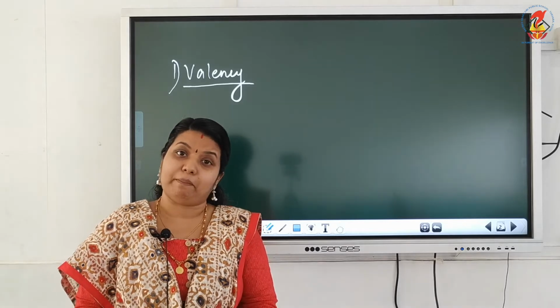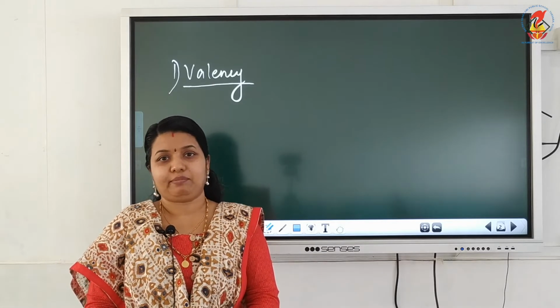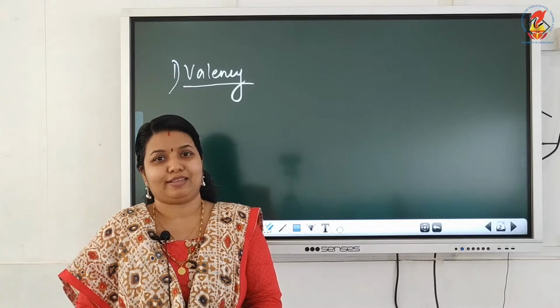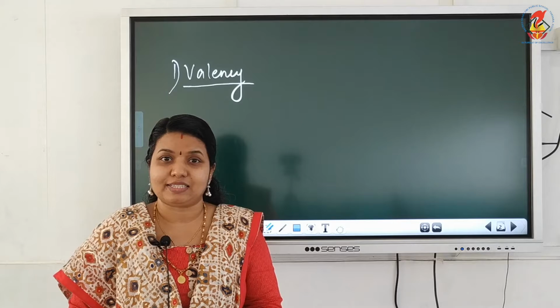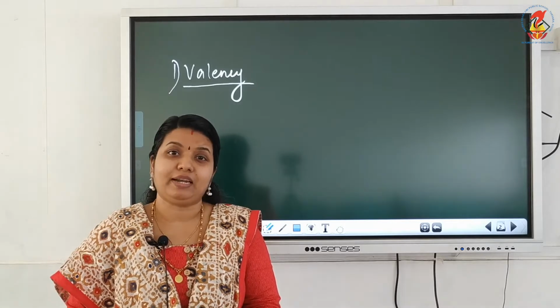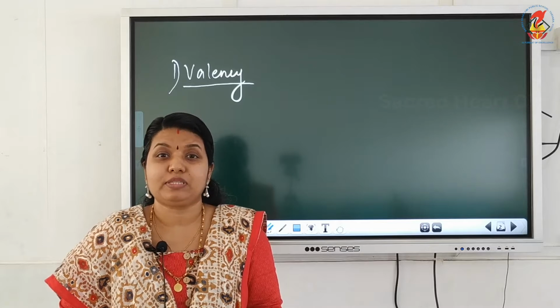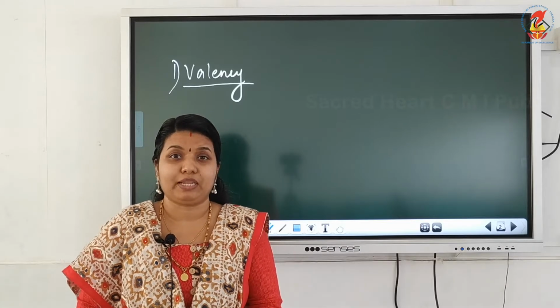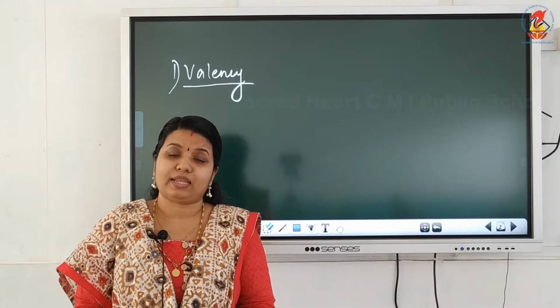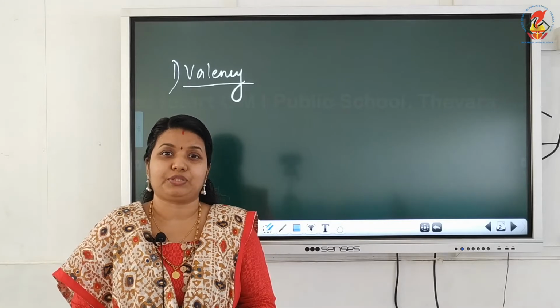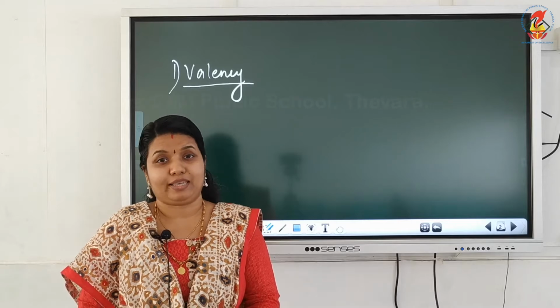Why do atoms combine? Atoms combine with other atoms to get the configuration of the nearest noble gases. Noble gases are considered to have the most stable atoms, most stable electronic configuration. So, all other atoms try to attain the electronic configuration of the nearest noble gases.